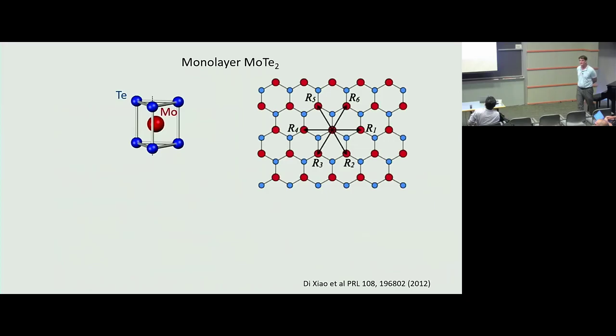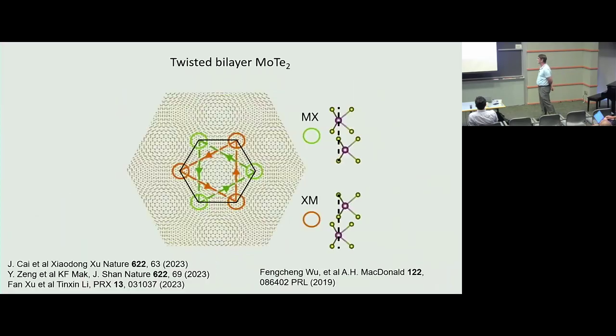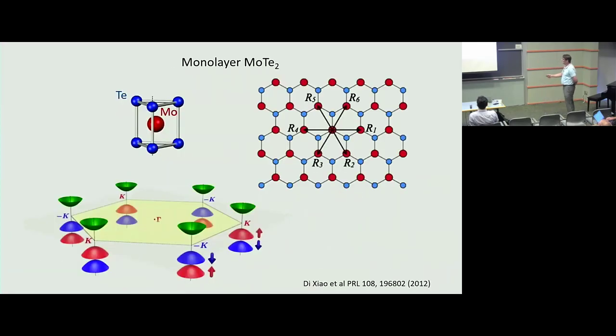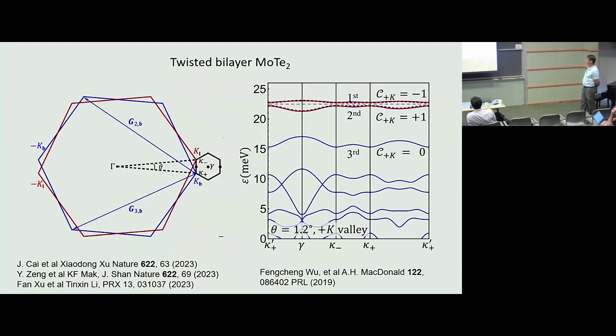maybe twisted MoTe2. Very, very quickly, we all know this is an extremely interesting system. We have these pockets also in the K and K' points, which of course have a gigantic gap, and upon twist, there's a very interesting set of Moiré bands which host correlated Chern insulators, including fractional Chern insulators.